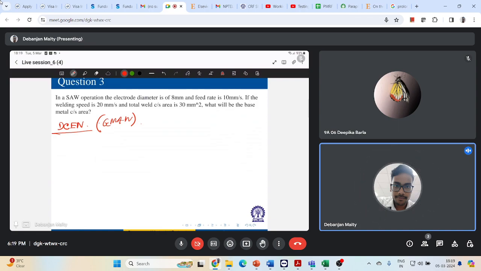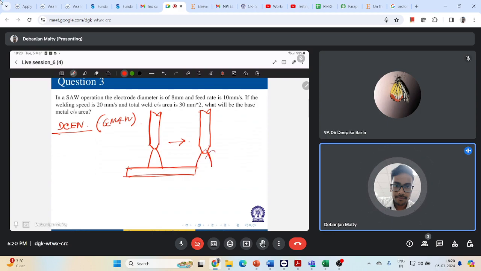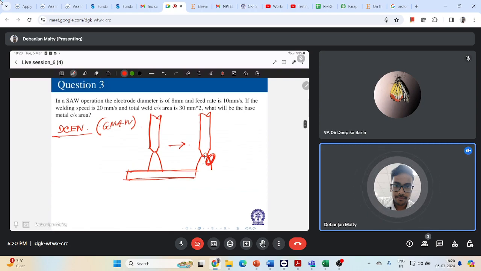It does look something like this. So if this is my electrode, and this is my arc, there will be repelling of the metal transfer, and it will repel away from this center region, right?